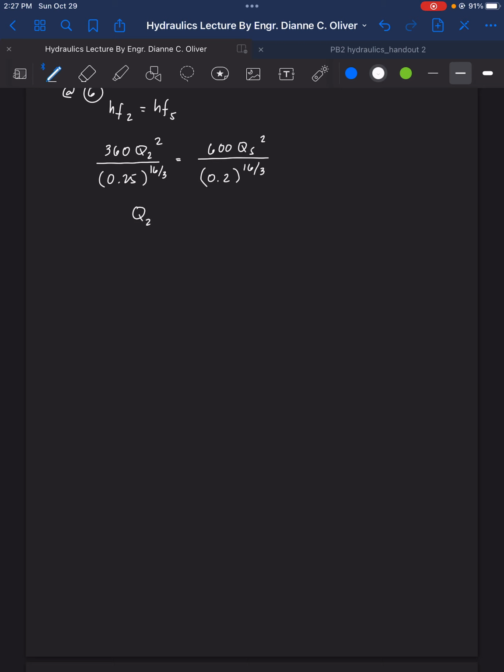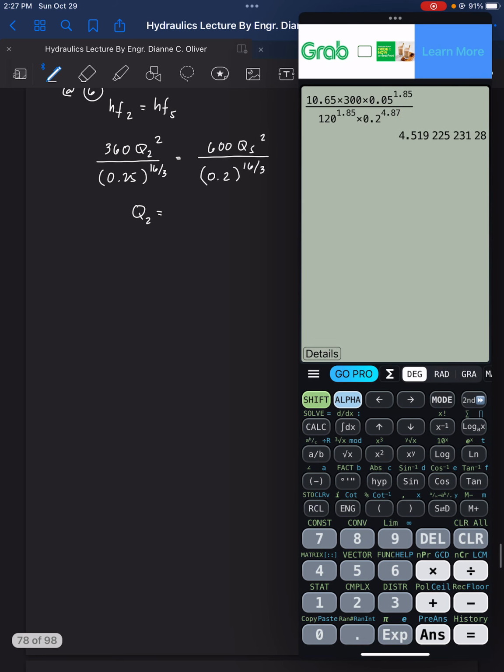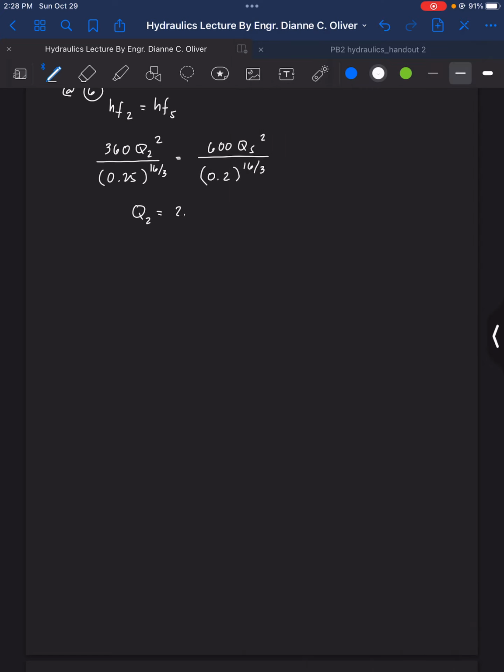So Q2 is now equal to the square root of 600 times 0.25 raised to 16 over 3, and then we have 360 times 0.2 raised to 16 over 3. So that is 2.341 Q5. So this becomes our equation 7.